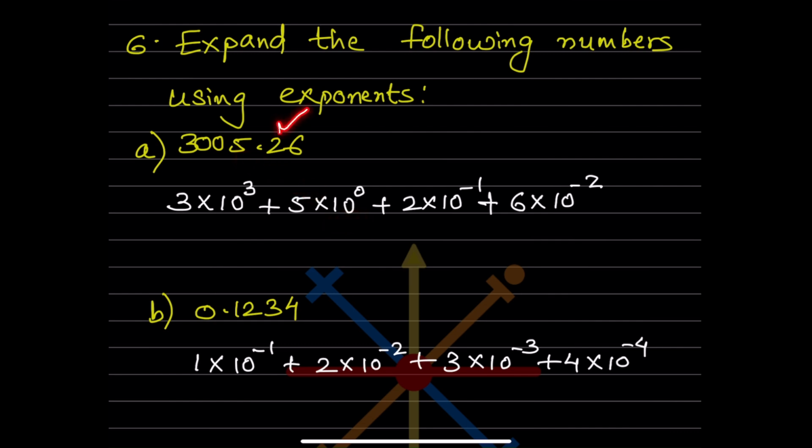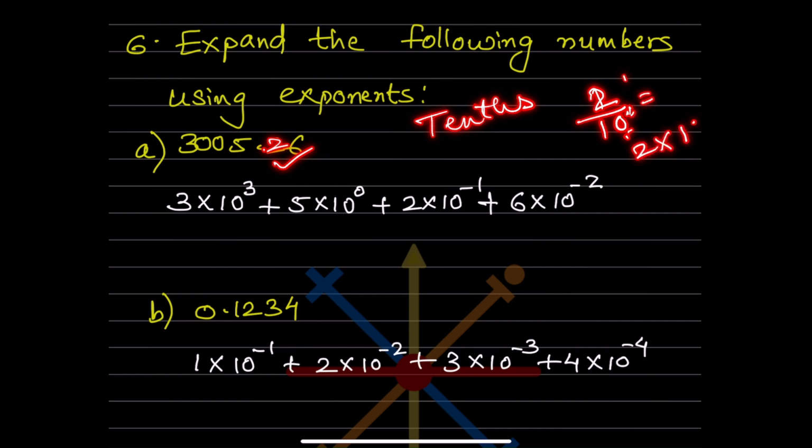Now let us see for 2. 2 is after the decimal. So 2 after the decimal means that is tenths. Tenths means that will be 2 by 10. Because here is 2. 2 by 10 means that is going to be 2 into, this 10 goes up, and there is a 1 over here. 10 alone means there is a 1, because we can also put one rule, 10 raised to 1, that is going to be a raised to 1.